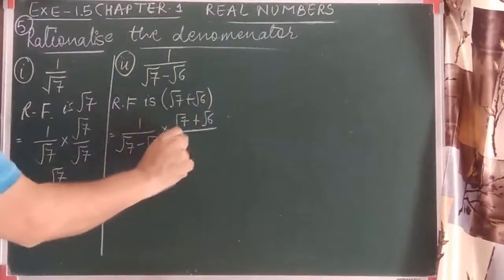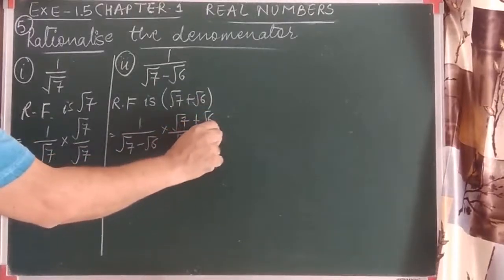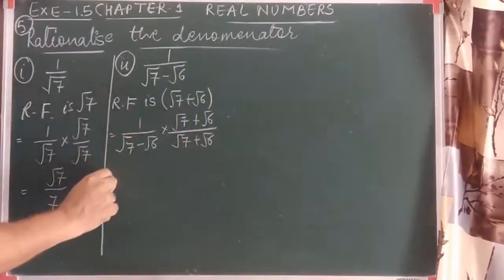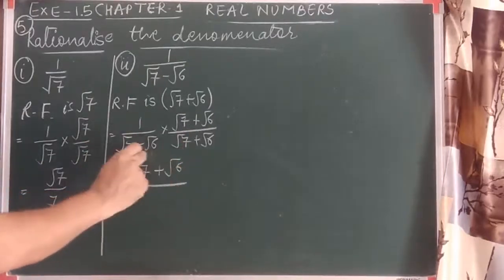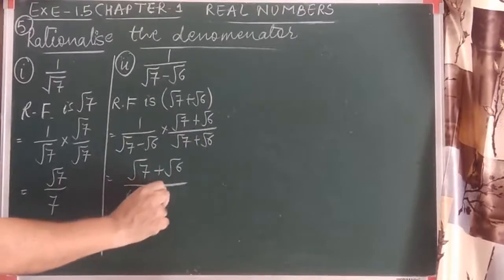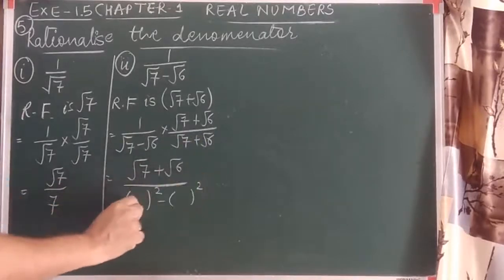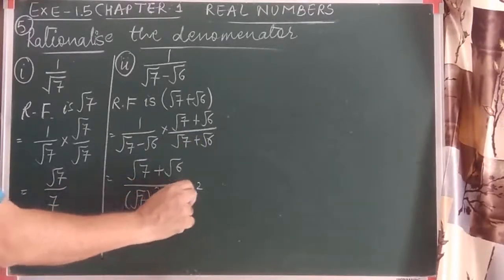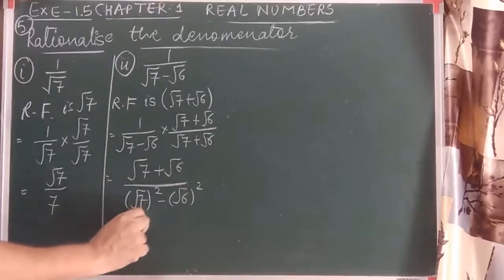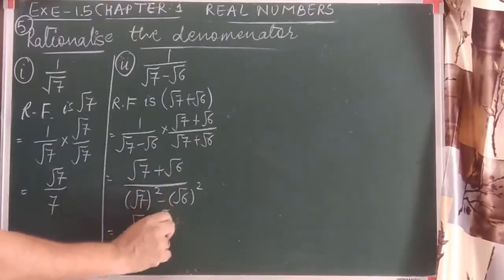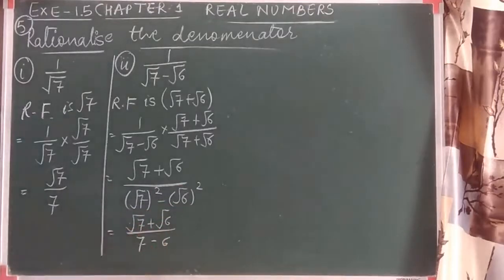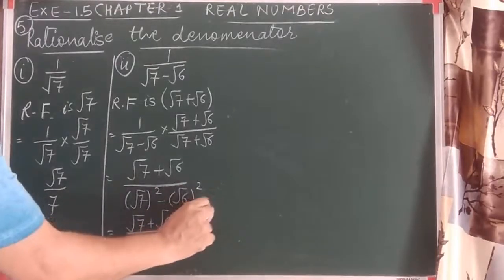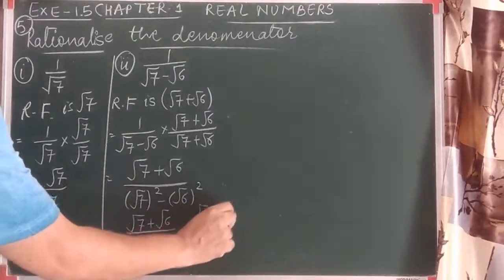As it is 1, the numerator would remain as it is, root 7 plus root 6. But the denominator is always in the form of a square minus b square, root 7 and root 6. Root 7 the whole square is 7 and root 6 the whole square is 6. So the answer is root 7 plus root 6 upon 1.